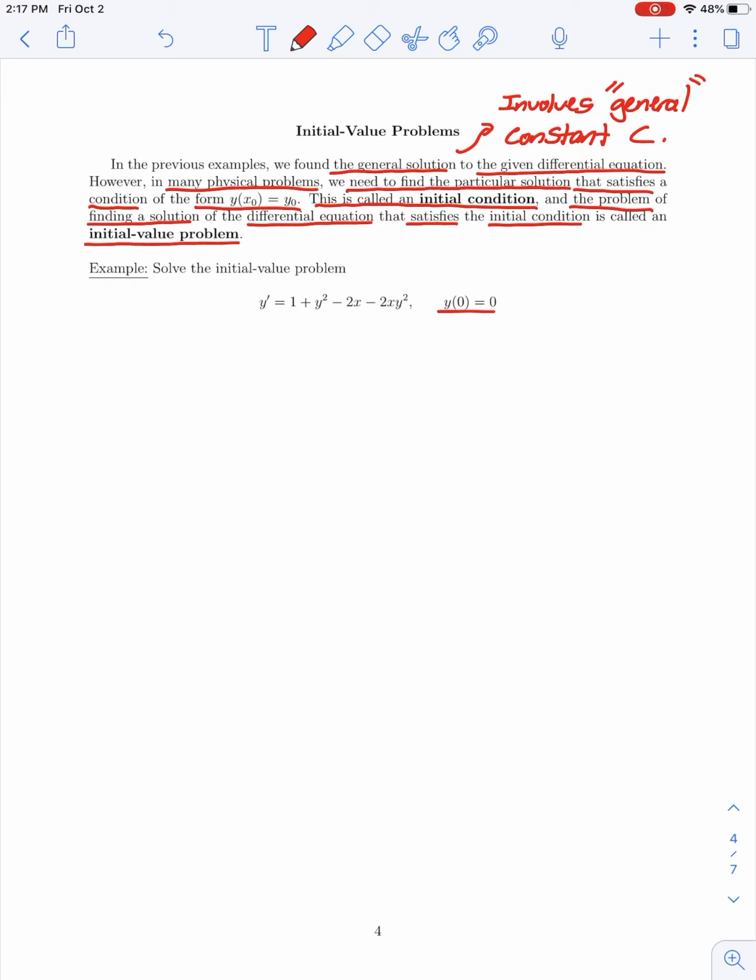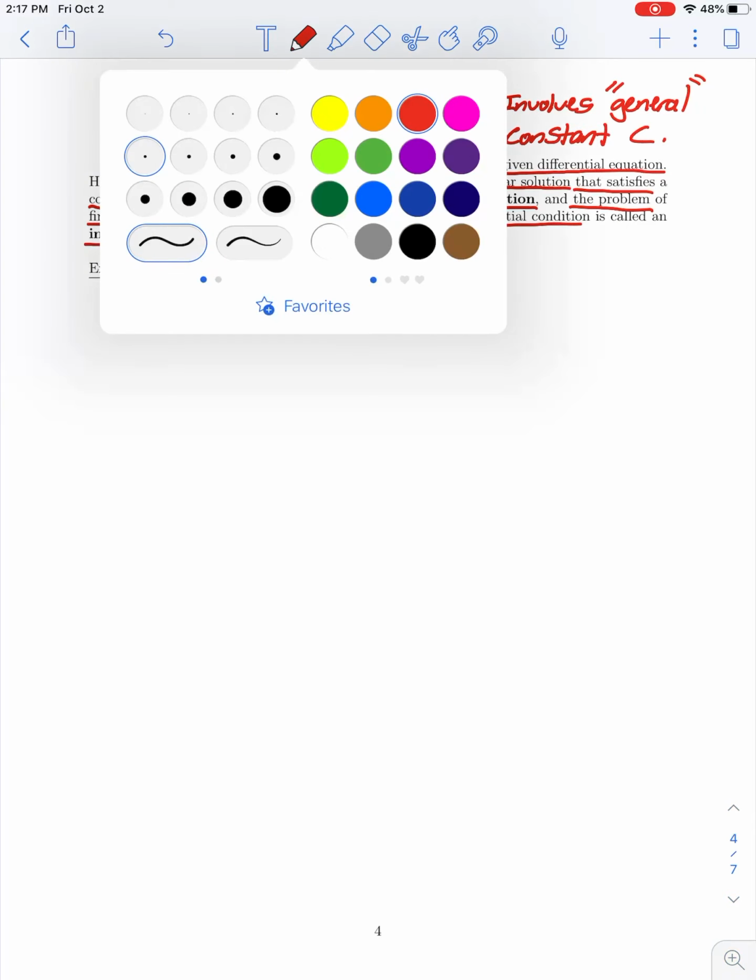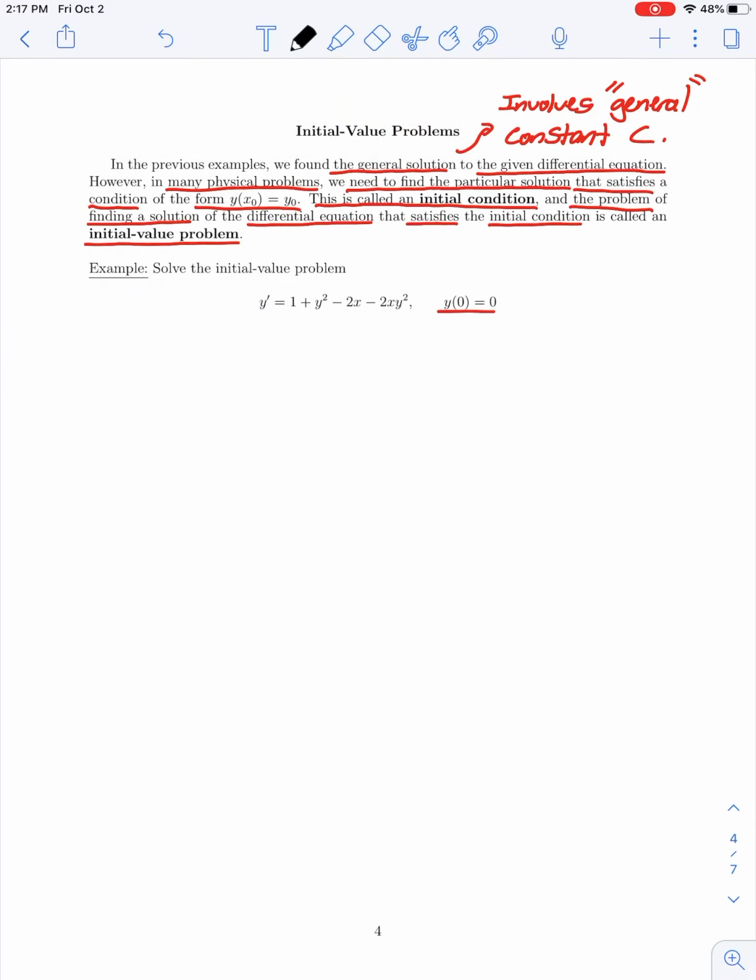Now, in order to solve this equation, or in order to find our general solution first, let me see if I can show that this equation is separable. So rewriting it in Leibniz notation, the derivative y prime could be considered as dy dx, where y is a function of x here.